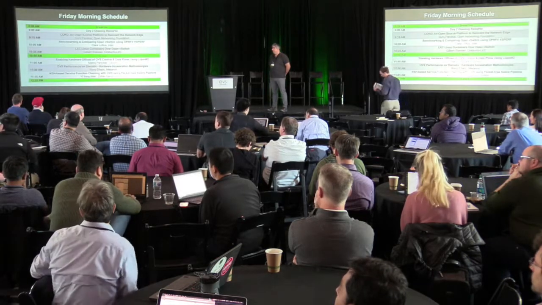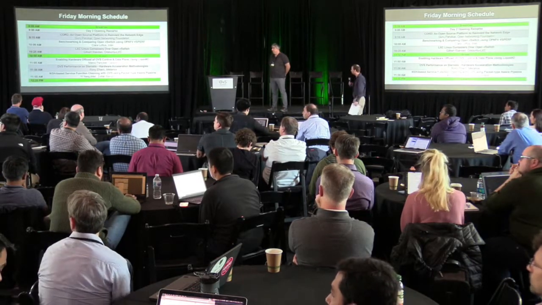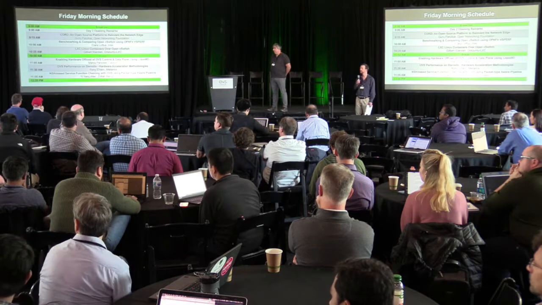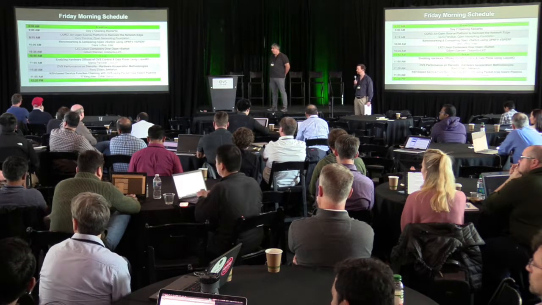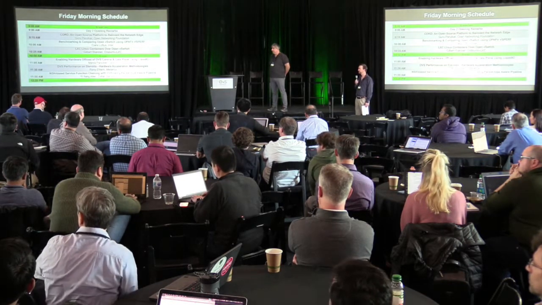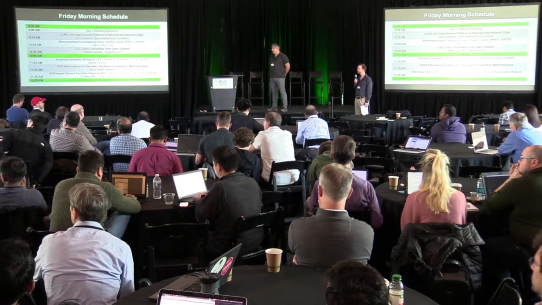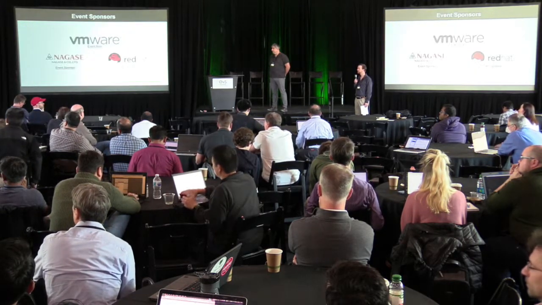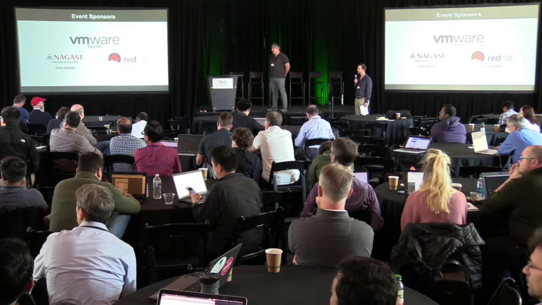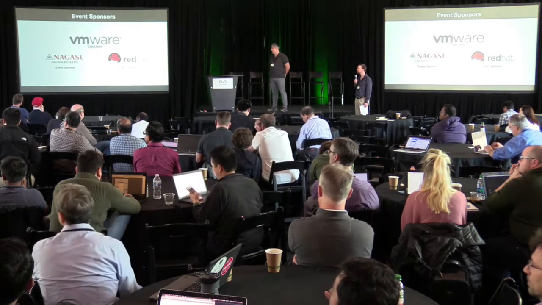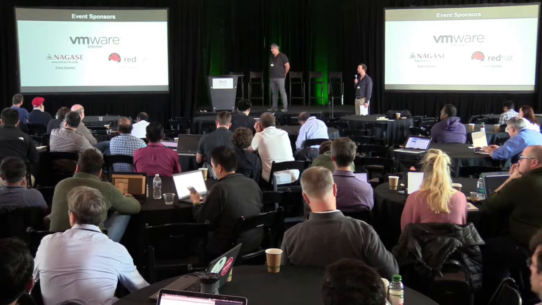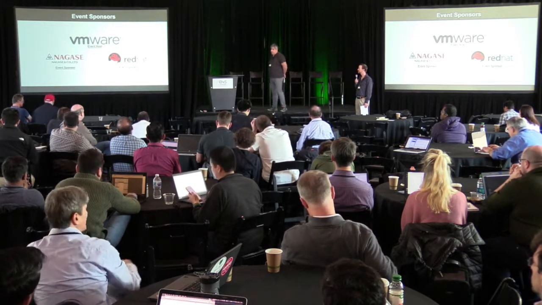Either run OVS as is, or burn an x86 core to offload a piece of it to DPDK, or partial offload to hardware, to SmartNIC, as you suggest, or full offload like LiquidIO. So my question for you is how do you decide which of these approaches is appropriate for your environment and application?